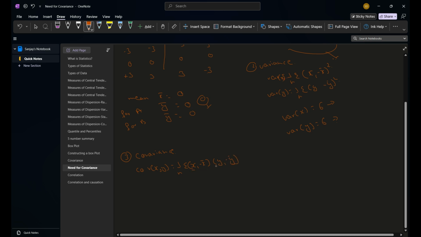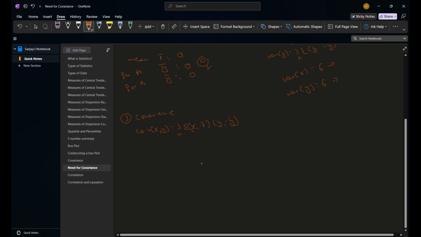Xi is the individual point, yi is the individual point. I will be calculating the covariance for only one data set. You can calculate it for data set B also. Data set A.